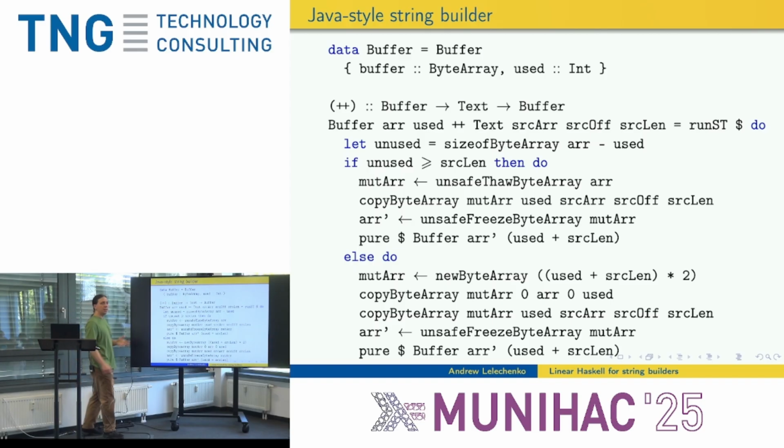And if my capacity is not enough, then I double the size. I compute how many bytes I'm going to need and double it. Computers are fast enough. I double it, copy my original content to a new mutable array, then copy my text, freeze things, and return.